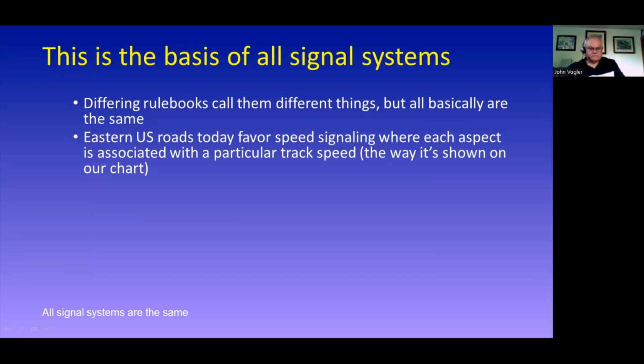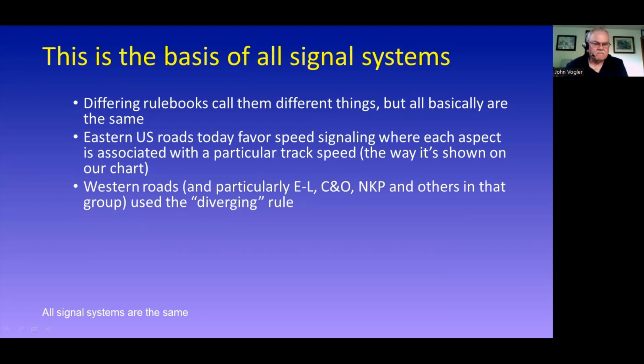And that would be associated with the various different routes. The western roads, and formerly the Erie Lackawanna, the CNO, and the NKP that were in the consortium there, used the diverging rule. So you would get a rule that would say diverging clear, approach diverging.